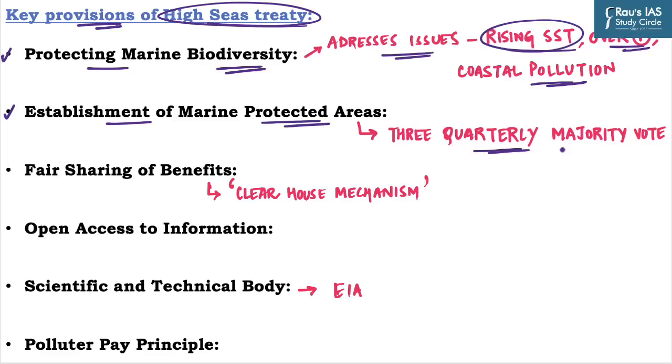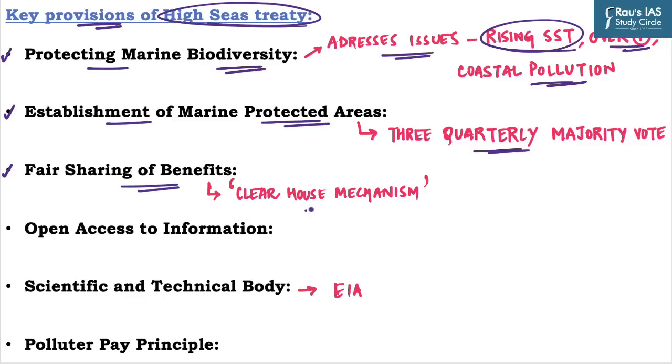And it further aims at protecting and ensuring the responsible use of the marine environment and conserving the inherent value of marine biological diversity. The third one is fair sharing of benefits. This treaty mandates the fair sharing of benefits from marine genetic resources.